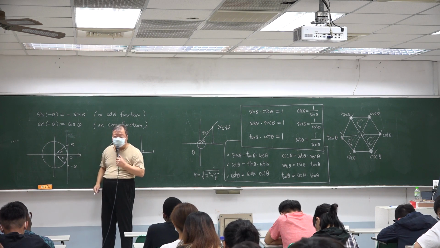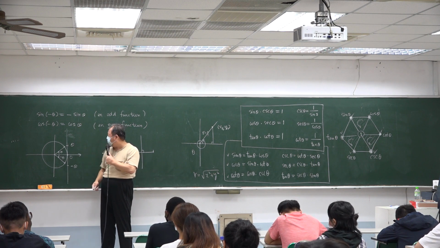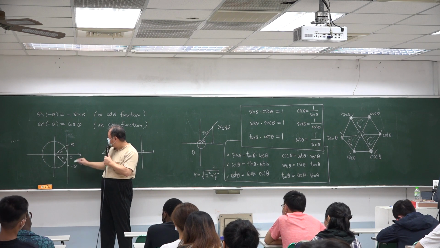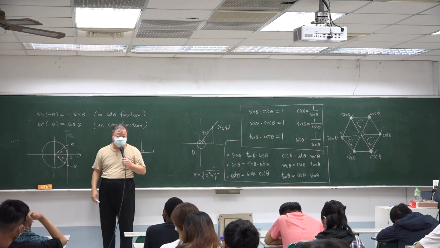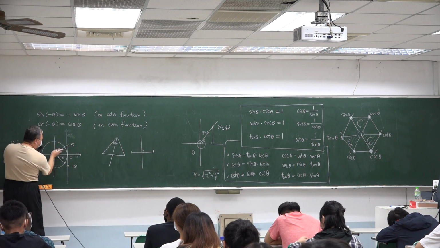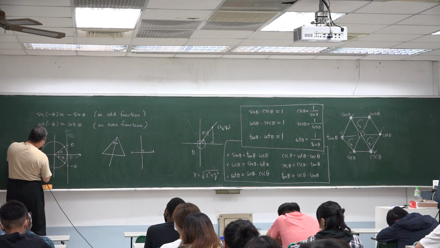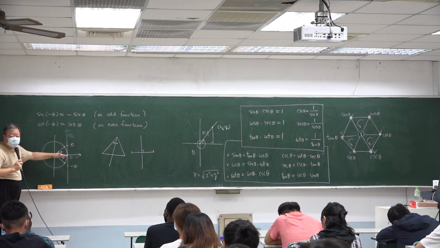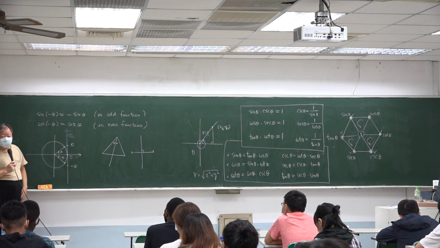Okay. Similarly, 2 angles that are negative to each other must be a reflection with respect to the horizontal axis. So if theta moves to here, minus theta will be here, and these 2 points are always symmetric with respect to the horizontal axis. Okay.